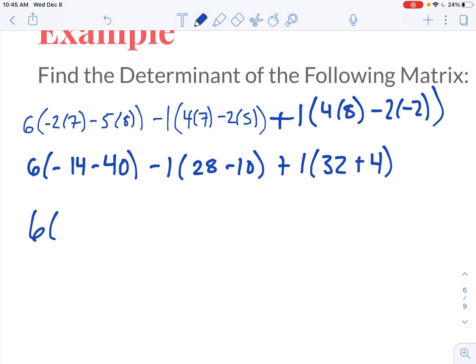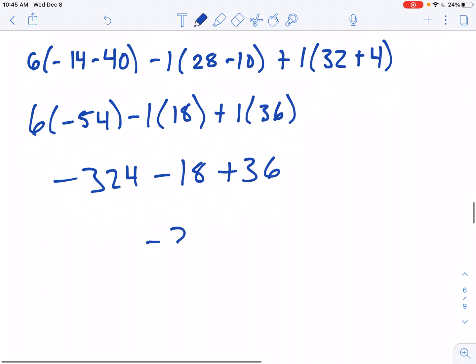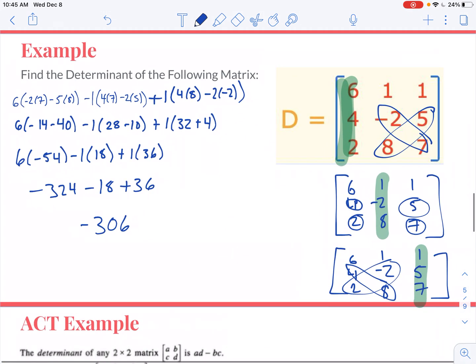I get 6 times -54 minus 1 times 18 plus 1 times 36. I get -324 minus 18 plus 36, which will simplify down to -306.